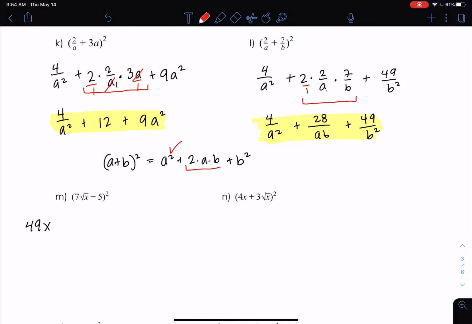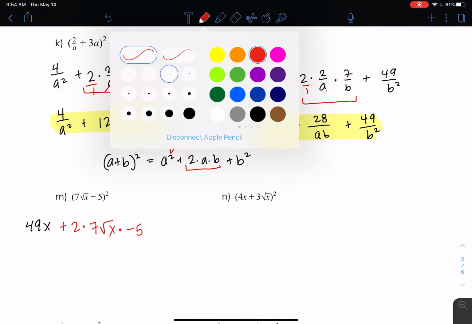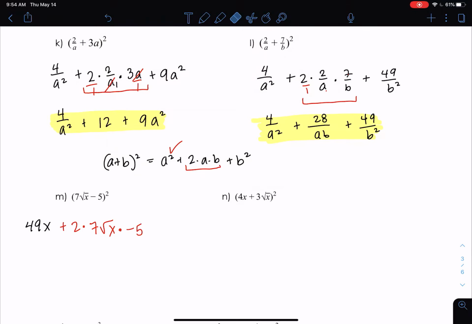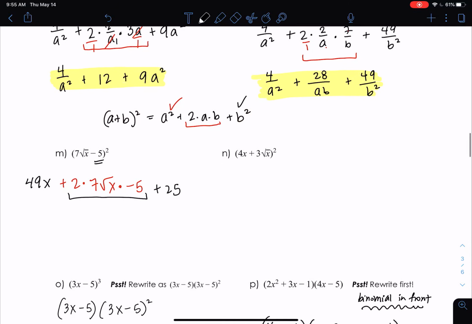Now let's do our 2ab. So we're going to write plus 2 times a times b. And the last step, we're going to do our plus b squared. Okay, so negative 5 times negative 5 is plus 25, and now we just need to combine our middle term, and we'll be done.